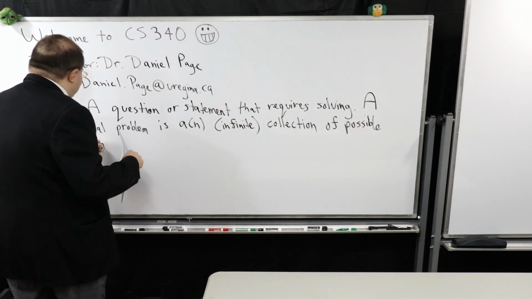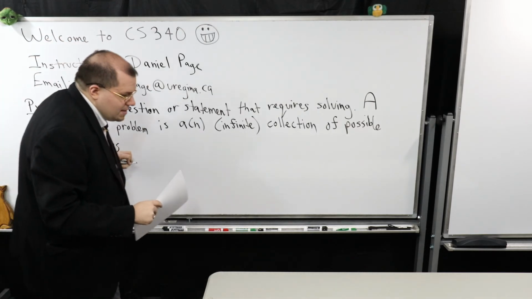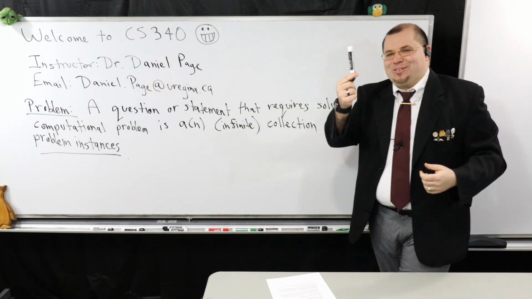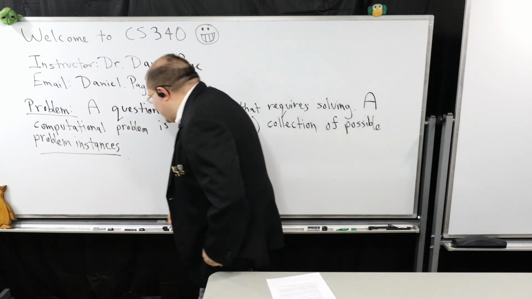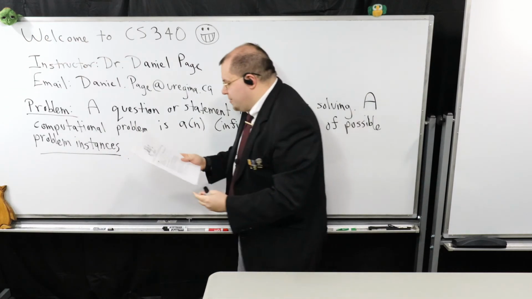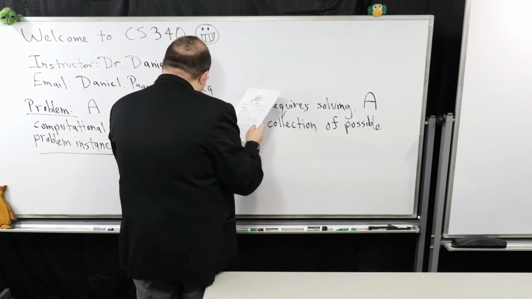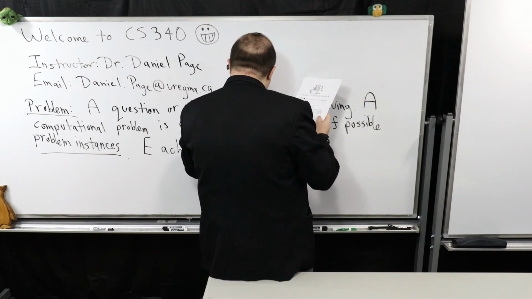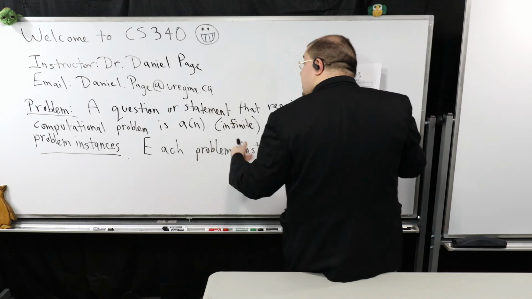Just going to switch my marker. This one's being a little funny. Problem instances. So I'm going to define what a problem instance is. This marker is doing a little funny for us. I'm just going to chuck it that way. It's gone. Anyways, each problem instance, I have bad luck with my markers today. Each problem instance, which I'll abbreviate as instance.